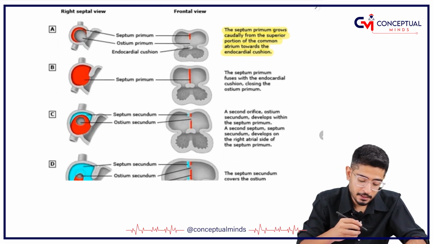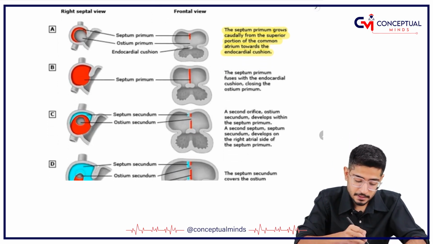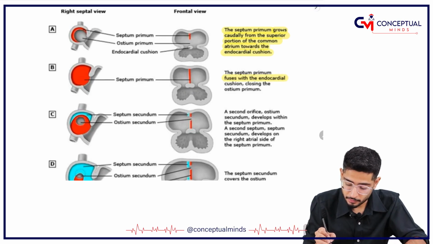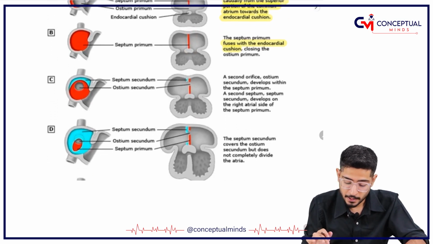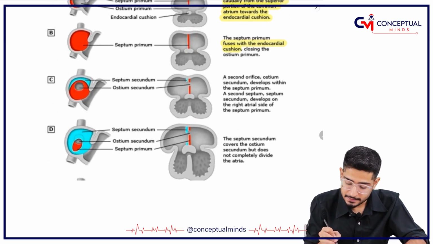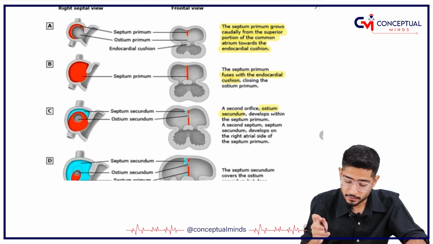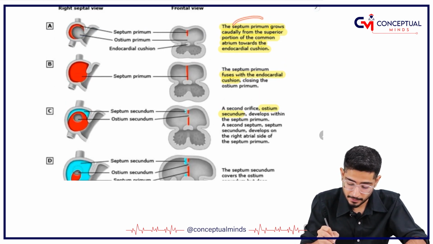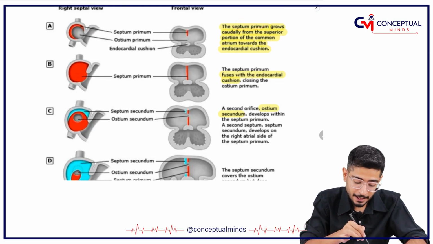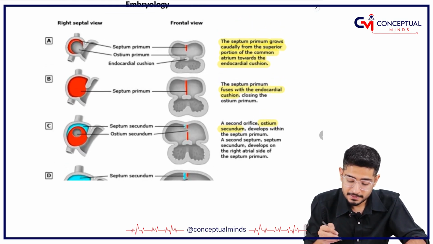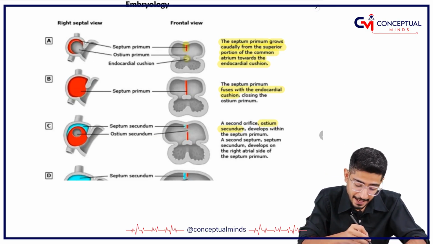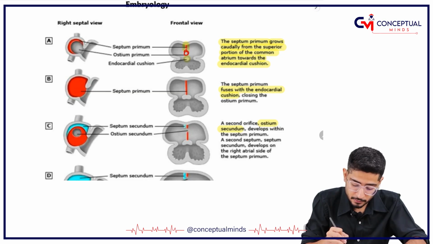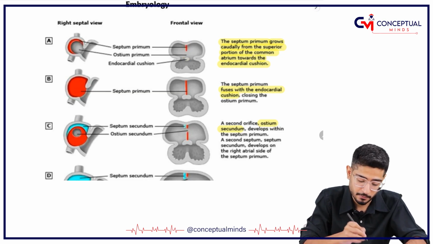After the growth, it fuses with the endocardial cushion. Once the septum primum fuses with the endocardial cushion, the gap between the two is called the ostium primum.